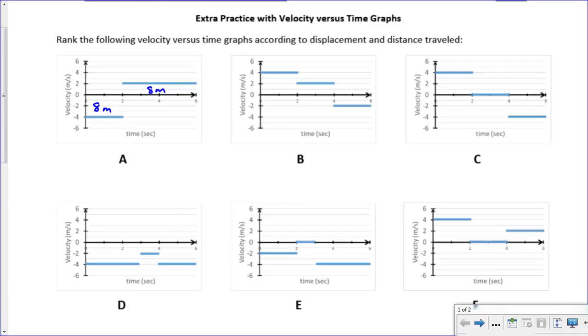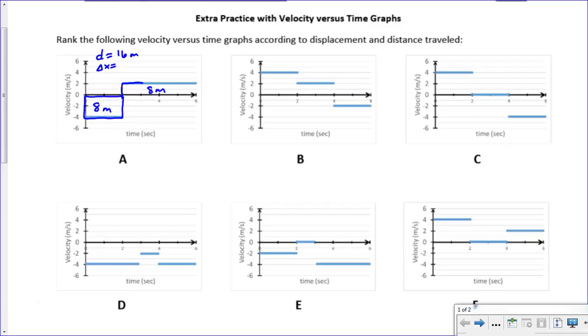So for this one, I would say distance equals 16 meters, and the displacement is going to equal, for this one, we look at, some of this is below the axis, some of it has negative velocity and some of it has positive velocity. So this right here is negative velocity.